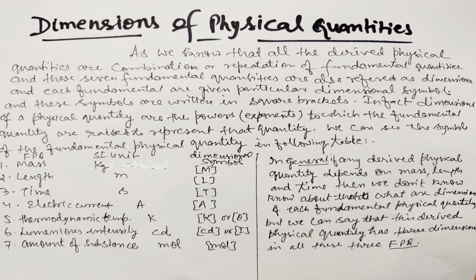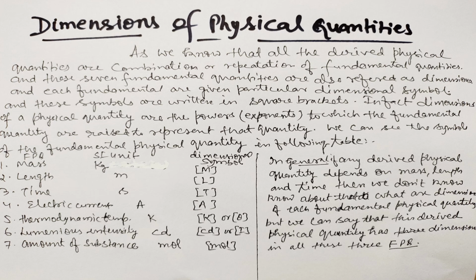So we can see the dimensions and the symbols. First of all, we will see the dimensional symbols of the fundamental physical quantities. You can see the table given in this sheet. Number one is mass.